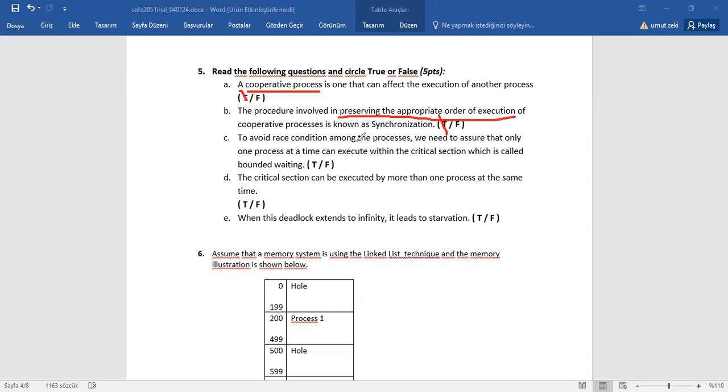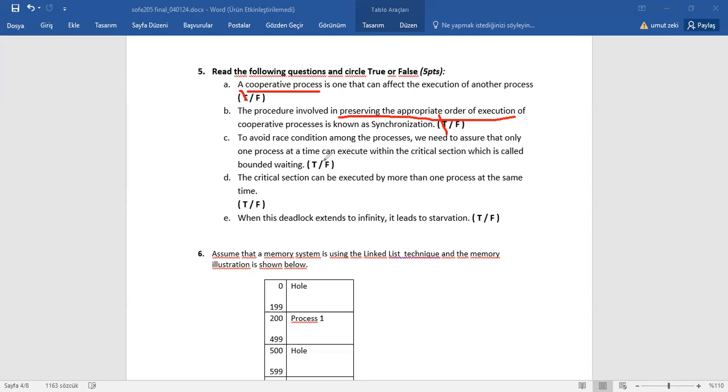To avoid race condition among the processes, we need to assure only one process at a time can execute within the critical section, which is called bounded waiting. No, it is not bounded waiting.